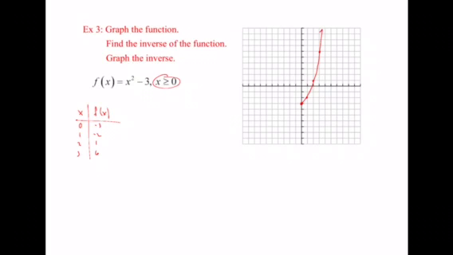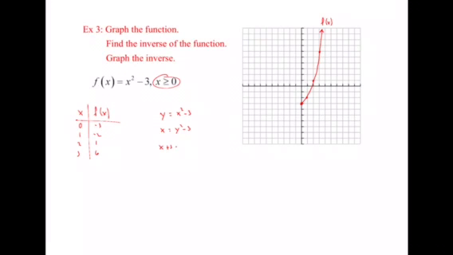So we'll graph the function, and since we're going to graph two things on one graph, we want to identify that this is the f of x function. We want to find the inverse of the function. So to find the inverse, we say y is equal to x squared minus 3. We interchange the x and y's. That's your domain and range, and now we're going to solve for y.